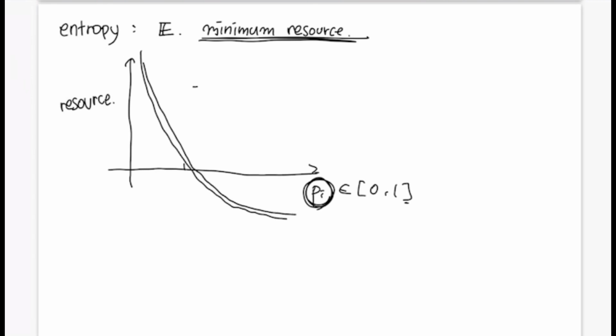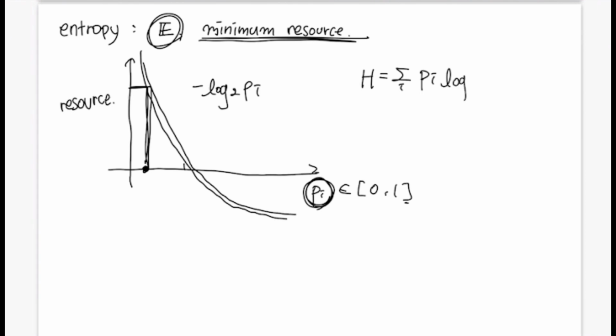So here we can write this as minus log p_i. And we say we are going to use the expectation. So the entropy is summation of p_i times the value here, so log 1 over p_i, because there's a minus here.